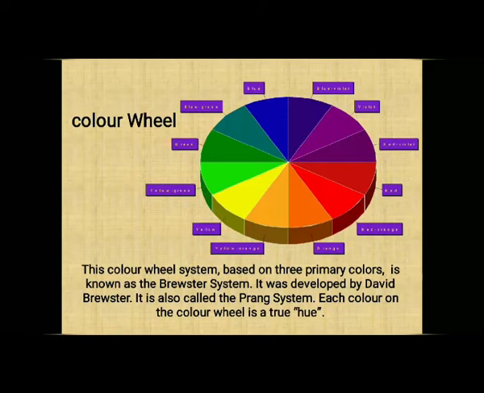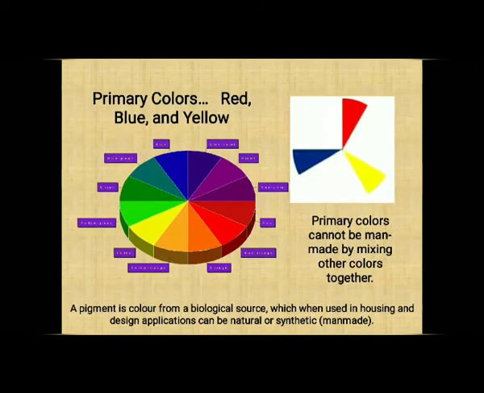Now we see what a primary color, secondary color, and tertiary color are. As I said before, primary colors are colors which cannot be reproduced or formed by mixing. These three colors are naturally existing, which cannot be made using any synthetic or man-made forms.